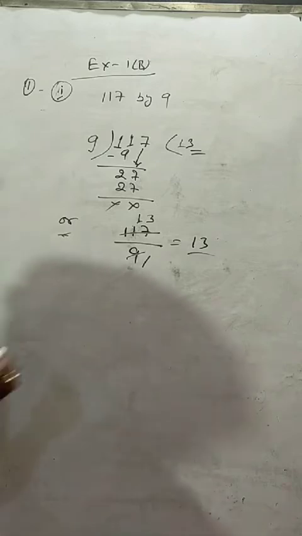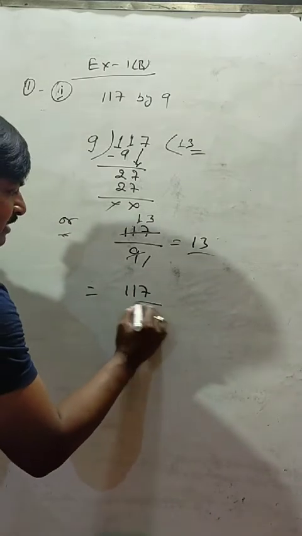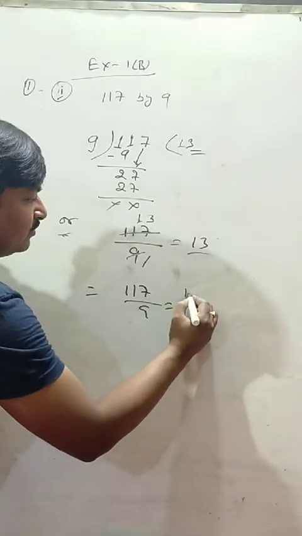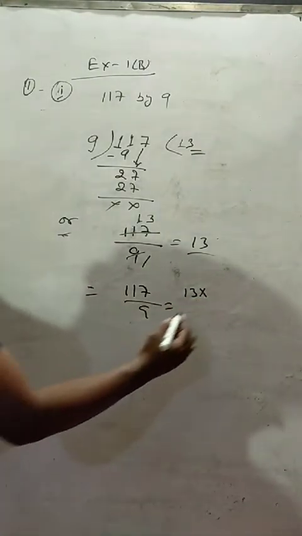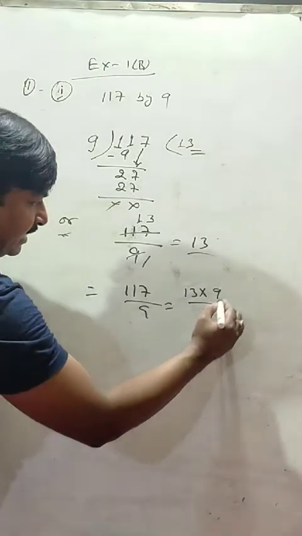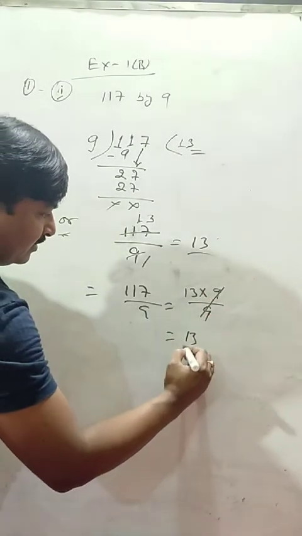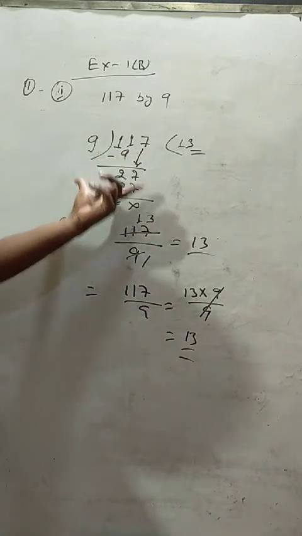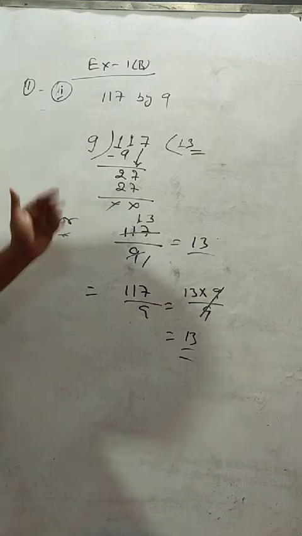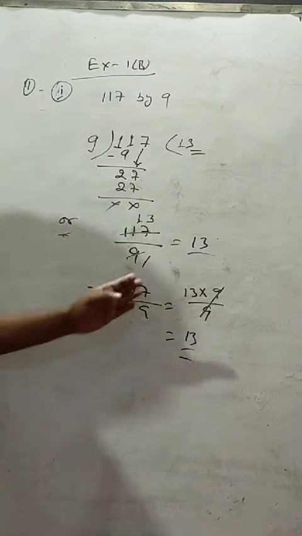Or it can be written as 117 by 9 is equal to 13 into 9 by 9. So these are the different processes to solve. The easiest process is the long division method, or this way or this way.